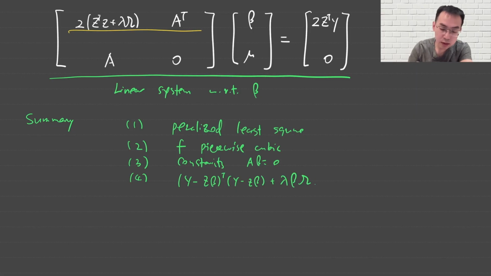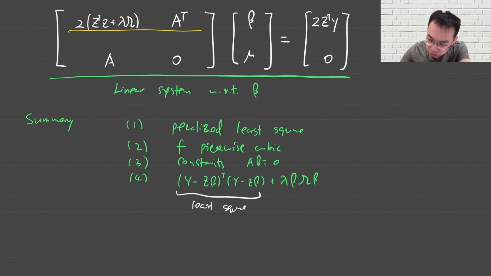So this is a penalized regression problem, and it actually looks very similar to the ridge regression problem, except we are adding one additional matrix Ω in between the ridge term. So this is the least squares. This is the penalty. It's technically not an L2 penalty because we have the Ω matrix in between, but it's just similar to that.